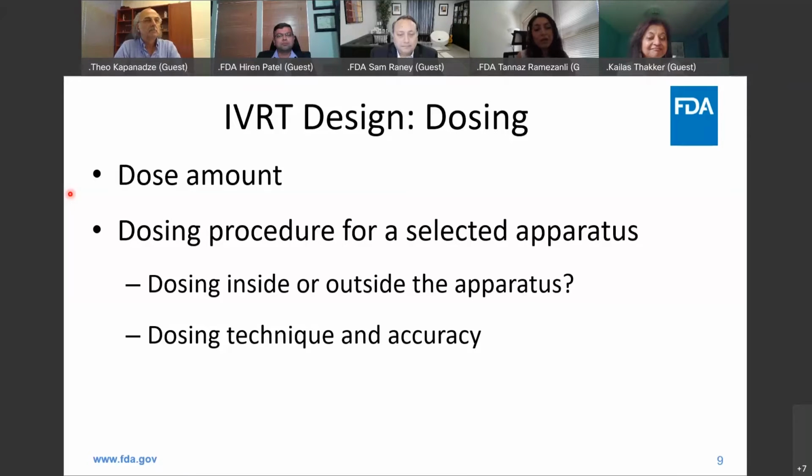We have seen some applicants dosing outside on the scale, and their justification was that they want to make sure an accurate dose amount is applied. Can any of you comment on that? Is there an acceptable dosing procedure?